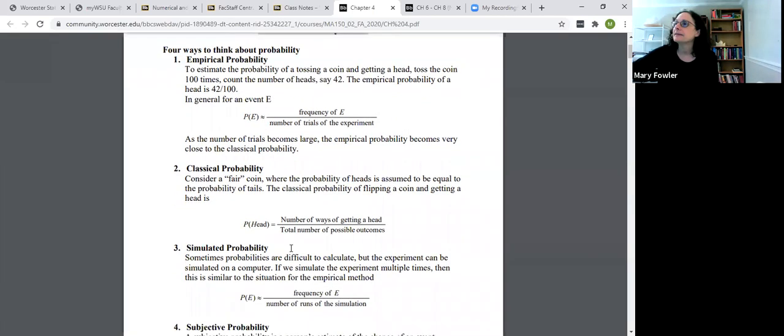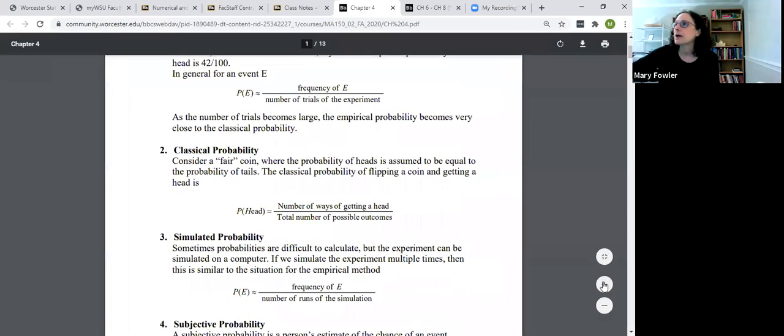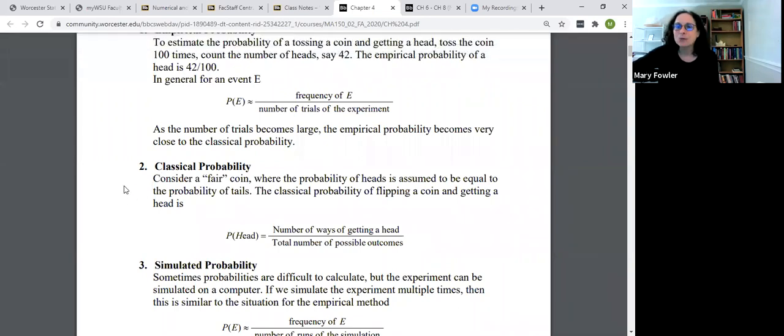Okay, and the second kind of probability we want to think about is this classical probability. And so the classical probability is you make some kind of assumptions about what the probability structure is. And in particular, we consider the situation where the outcomes are equally likely.